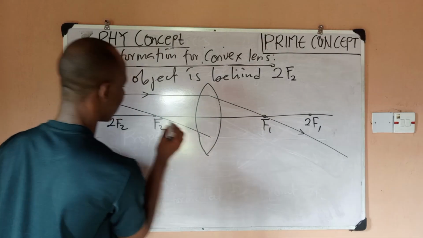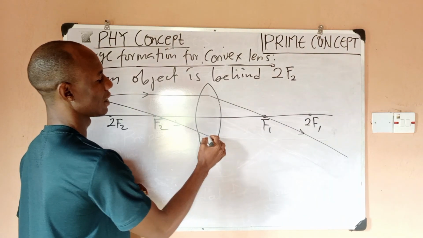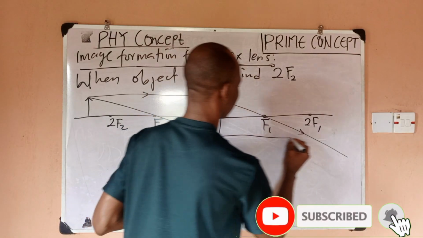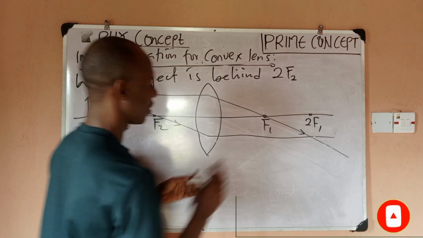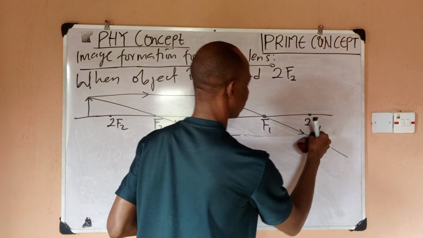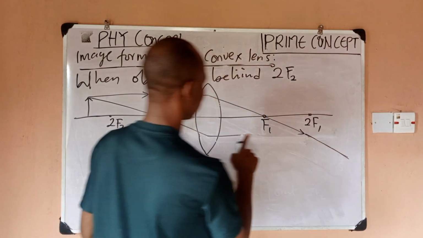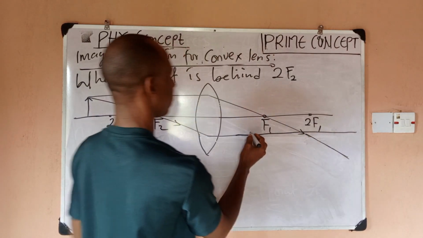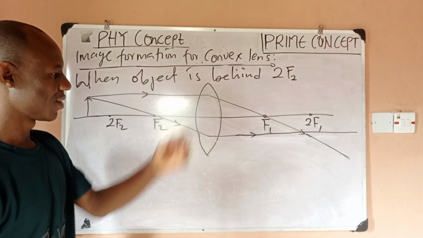When it hits the lens, it will come out parallel on the other side. Let me draw it properly, because my line seems not to be straight. So it will come out parallel on the other side of the lens.